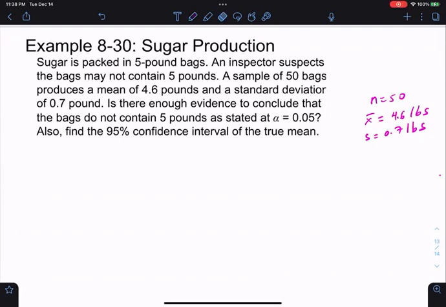So we need to state the hypotheses first. The inspector suspected that the bags might not contain 5 pounds, right? So the null hypothesis is that the mean is equal to 5. And the alternative hypothesis is that the mean is not equal to 5.